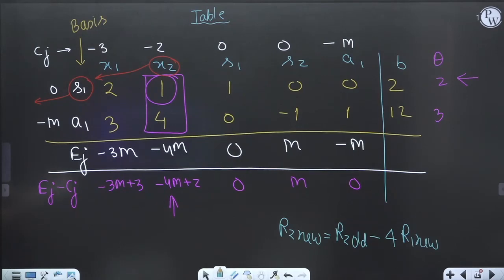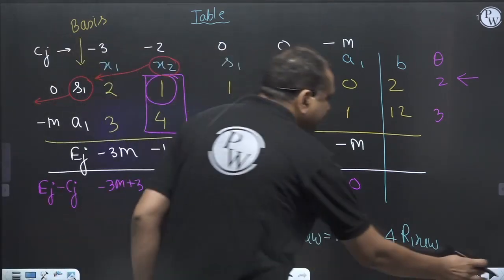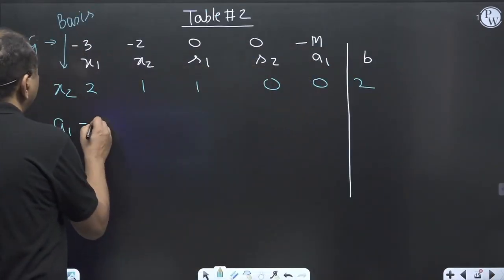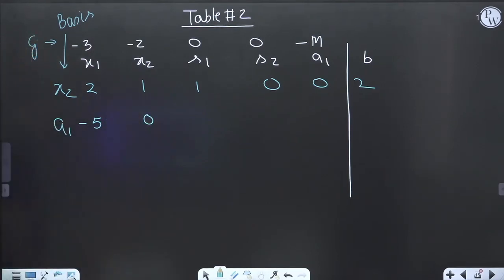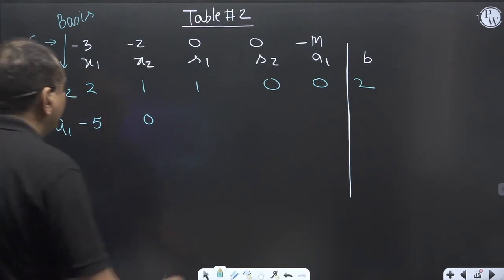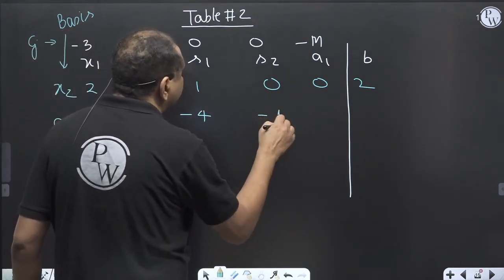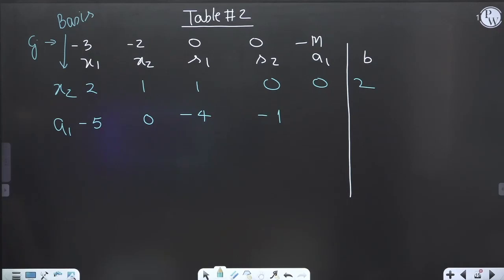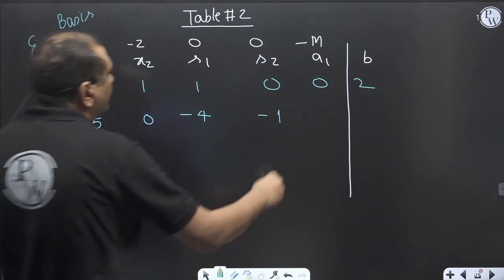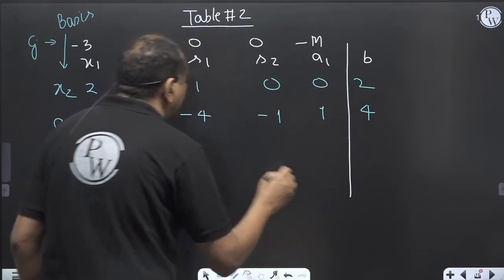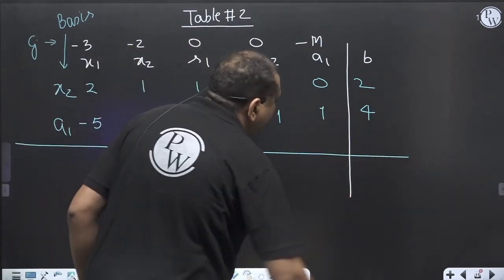The second row will be -5, 0, -4, -1, 1 and 4. If you do that operation, it will be like this.